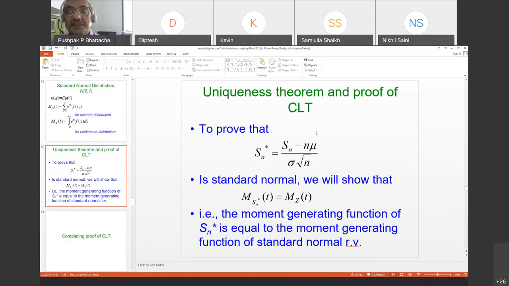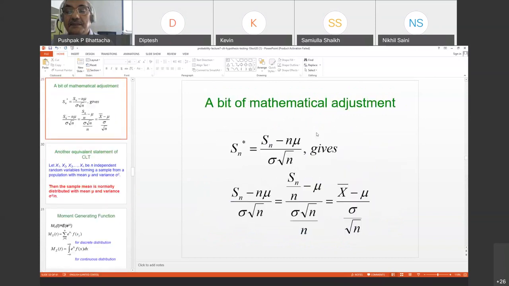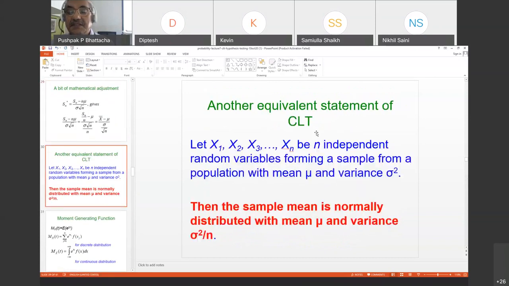So this is one form of central limit theorem, but equally useful and many times more useful is the other statement, which says that the sample mean is normally distributed with mean mu and variance sigma square by n.